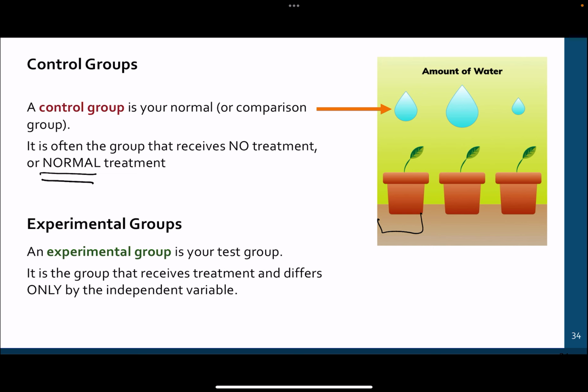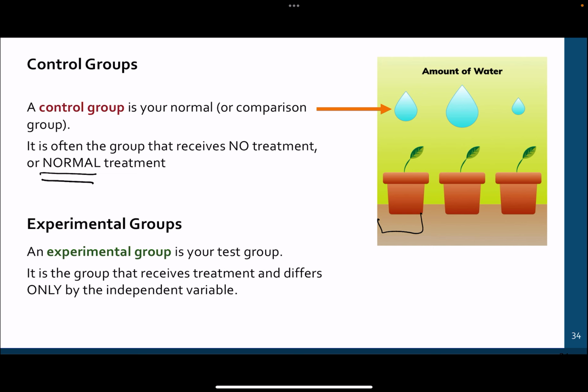When you have outside variables that could affect your data, we call those uncontrolled variables. So for this plant example, we have things like soil quality, amount of light, and a few others. And these are all things that you probably know can affect how well a plant grows.